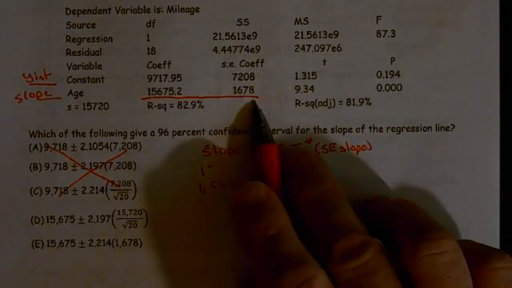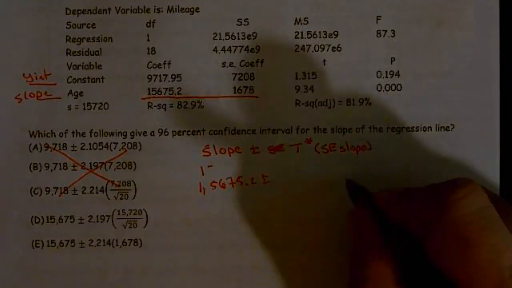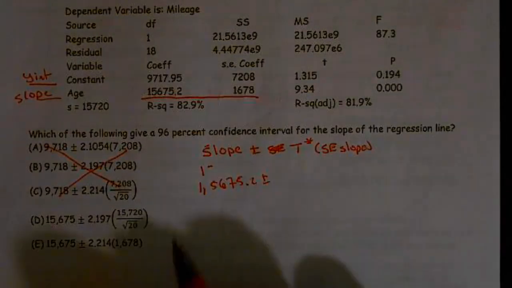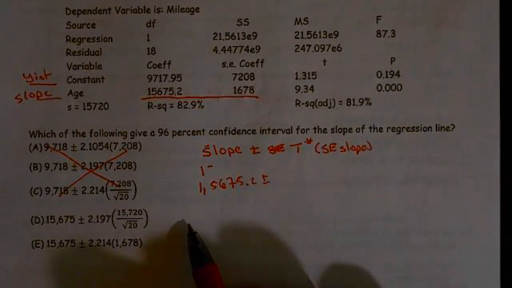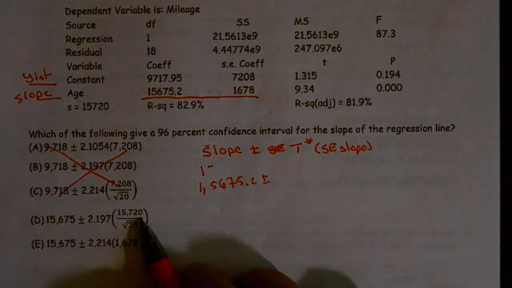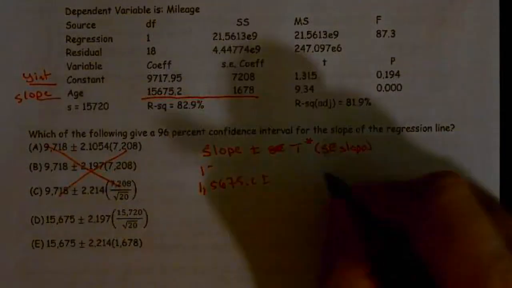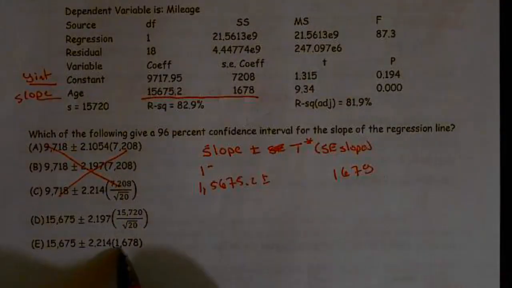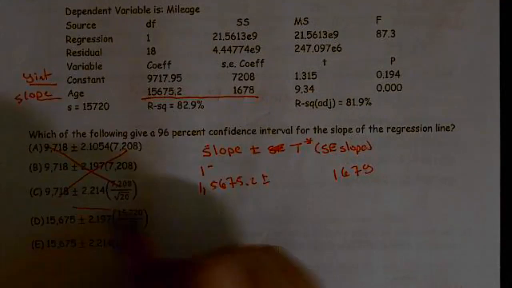And our standard error of our slope is 1678. And they did something tricky here, but this is 1678. So we really know our answer. We know that this is the 1678, so it can't be this one.